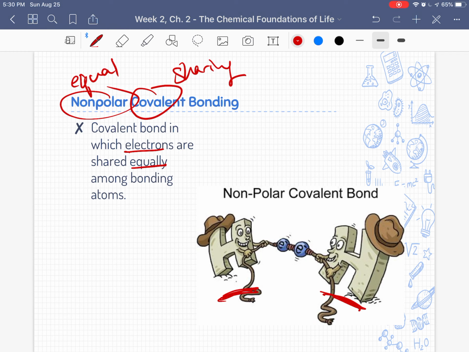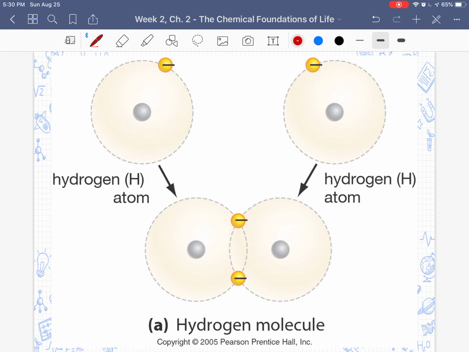Neither one of them is getting more electrons than the other. So they are equal in the amount of pulling that they're doing. They're not being pulled more one way or the other. It's being pulled equally.